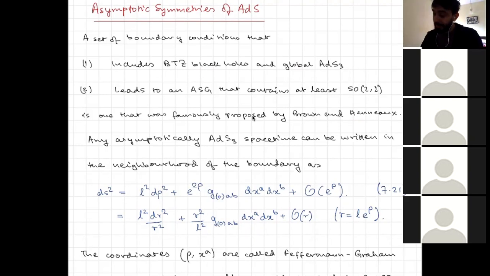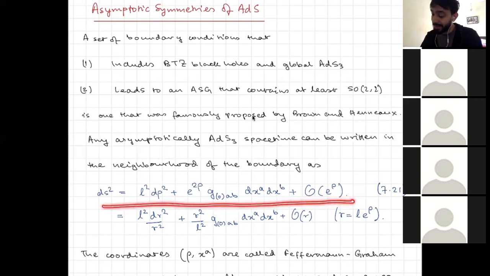Okay. Now, this is a theorem that any asymptotically AdS3 spacetime can be written in the neighborhood of the boundary as the following.